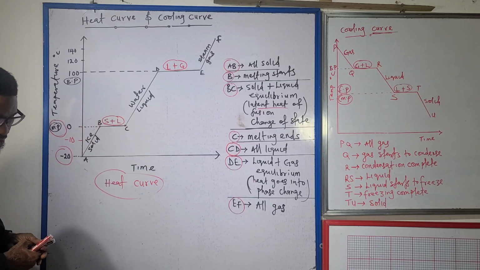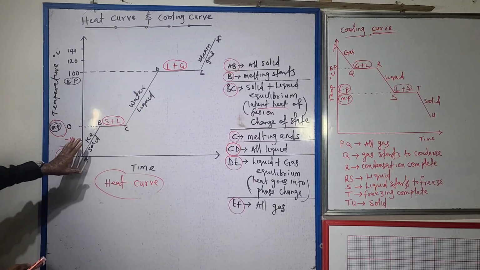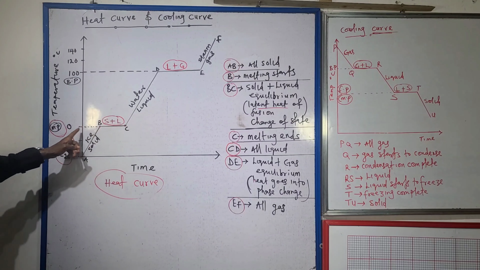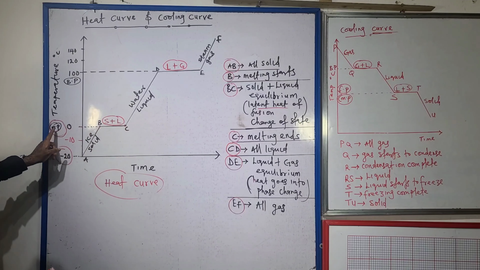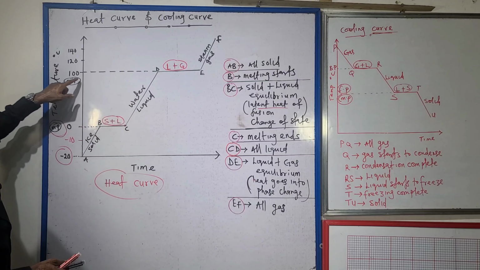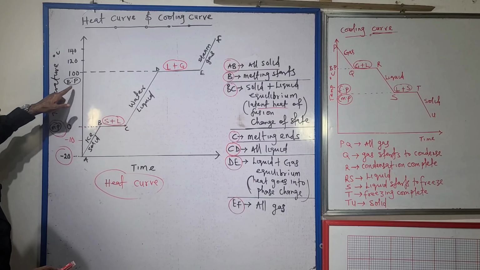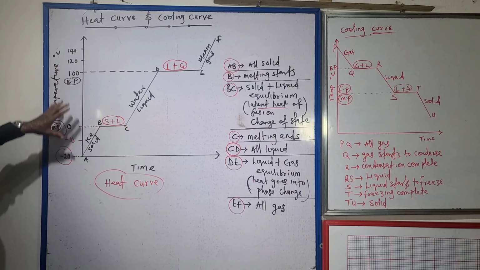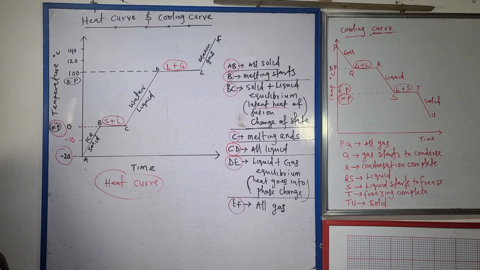You must have noticed something about the curve here. Notice here the melting point temperature is definite, and notice here the boiling point temperature is definite. These are the criteria for purity of a substance.